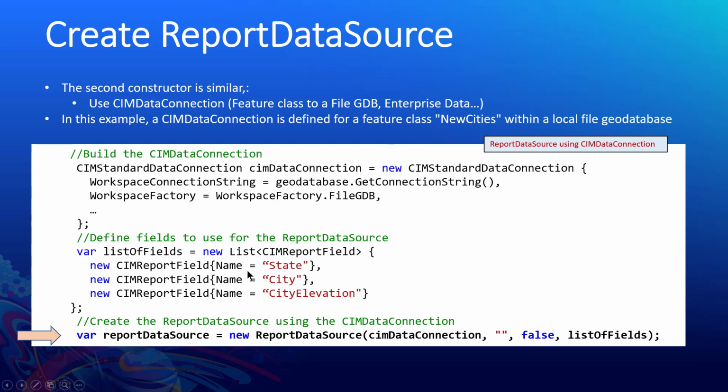I then define the fields just like we did before. I then call the report data source constructor to create the object. I'm passing in the CIM data connection and then the definition query, the selection dataset, if I want to use that specified by this Boolean parameter, and finally I'm passing in the list of fields that I just defined.